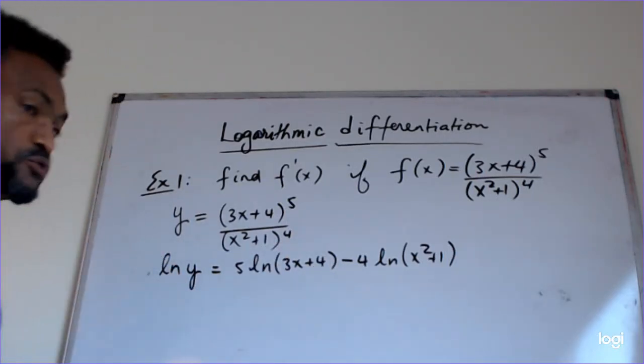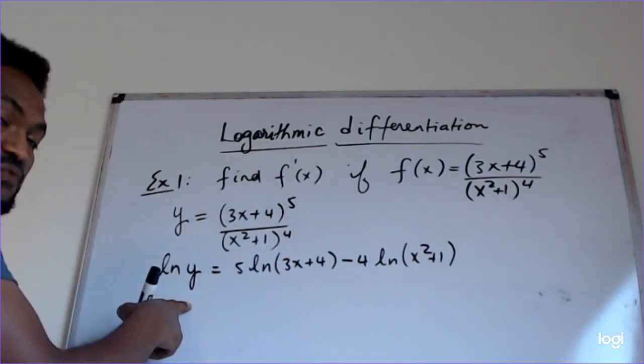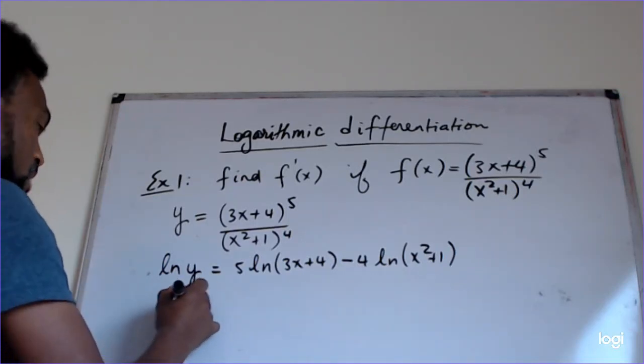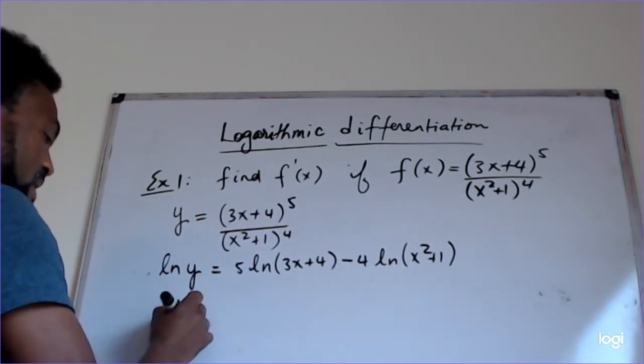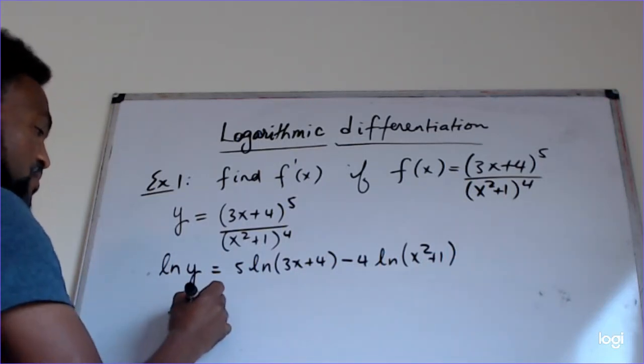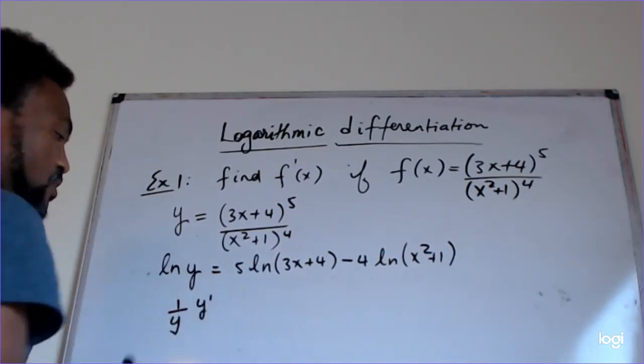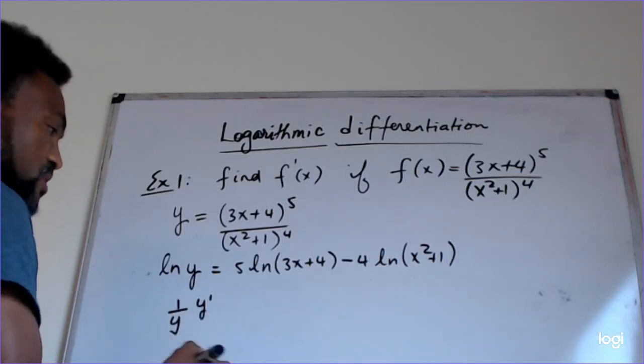Now we differentiate both sides. So remember, y is a function of x. When I differentiate, I will get 1 over y for the log, but then I will have y prime because y is a function of x.